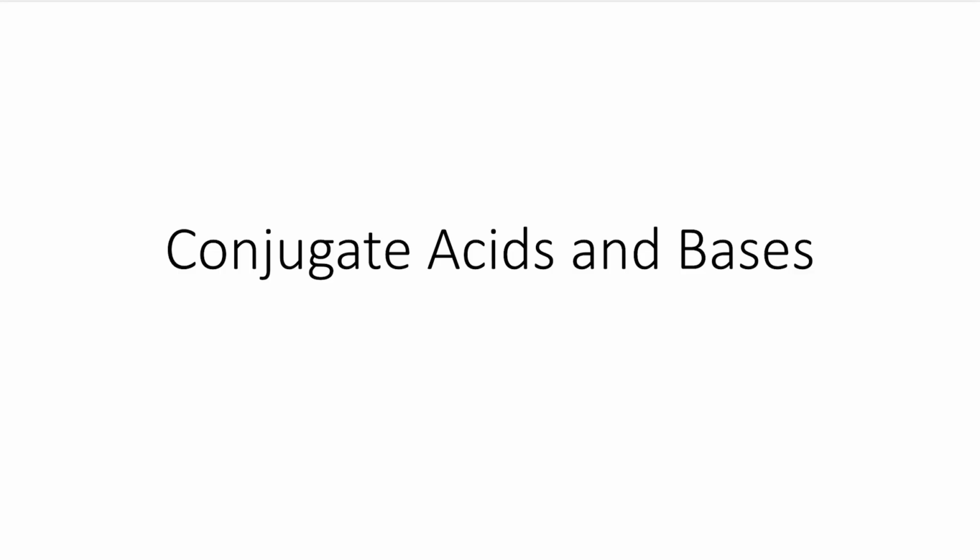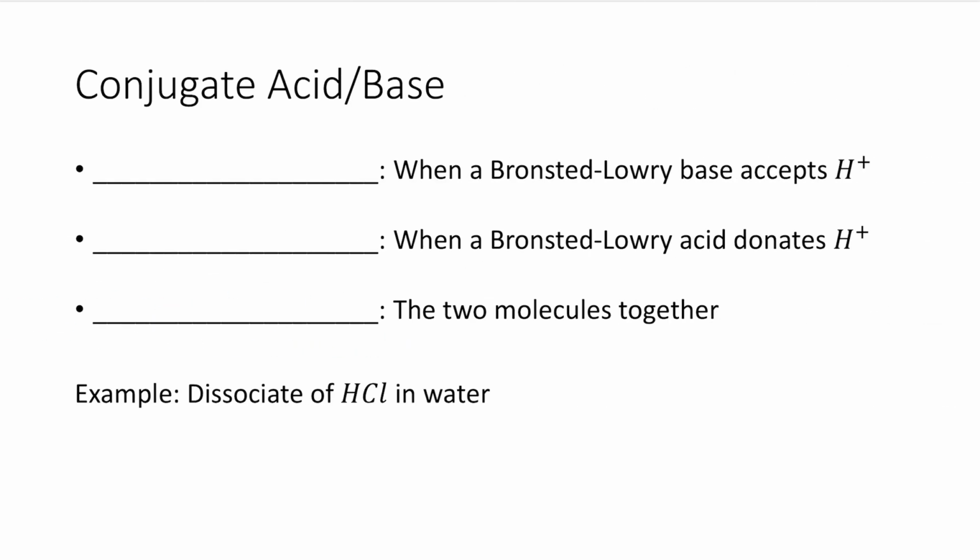Conjugate acids and bases are always the products. So when we look at the definition of a conjugate acid or a conjugate base, you have to look at where it comes from.